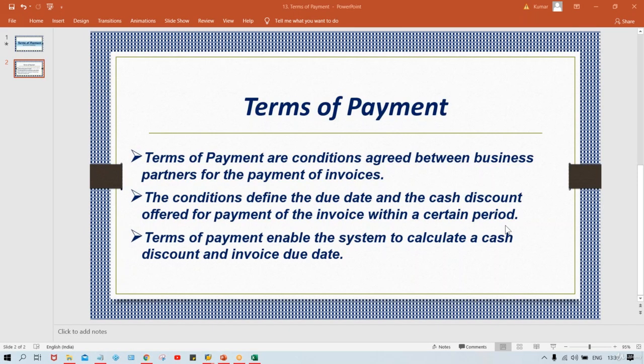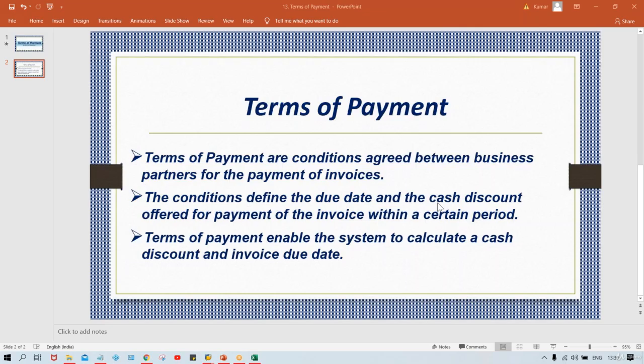If we are able to release the payment in 15 days, that 5% discount is supposed to be calculated and posted in our books of account. So there is no need to remember or recall the discounts manually, guys. The discounts can also be given at the terms of payment level itself.